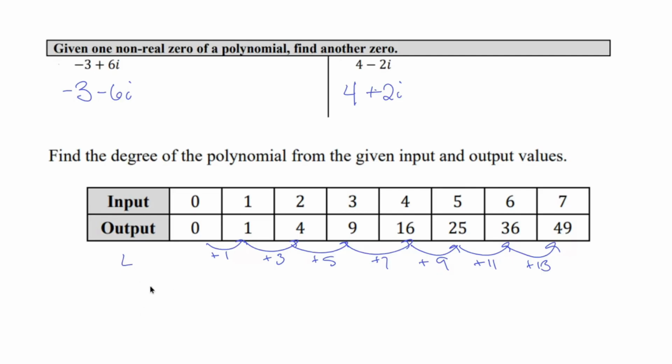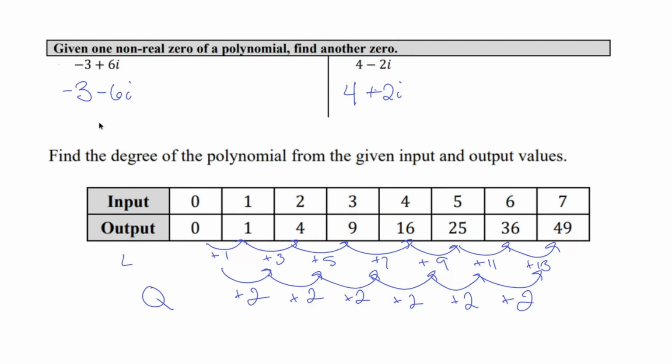So it's not linear, it's quadratic. You add 2, you add 2, you add 2, you add 2 again, you add 2 again. And the question is find the degree. The degree is 2, because it's quadratic.